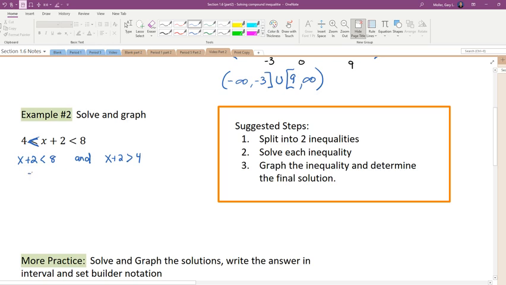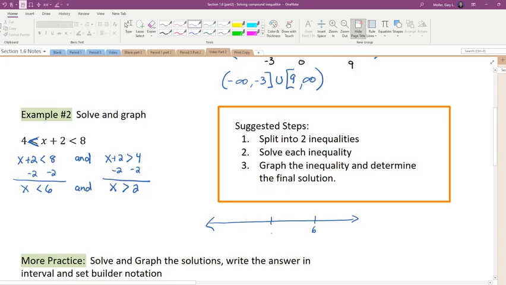So now we're going to solve them separately. Still have the word "and." x is greater than 2. So I'm going to put those on a number line. Make sure there's some overlap here. Let's call this 6.